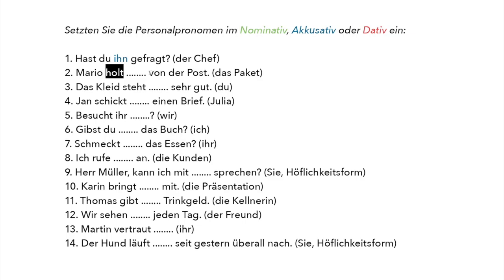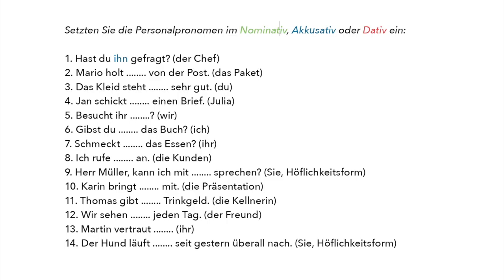Then from where? From the post office. But what? Was? Wen oder was holt Mario von der Post? Das Paket. Okay, I have again an accusative case. I will apply here the accusative, the third person, singular, for das Paket.